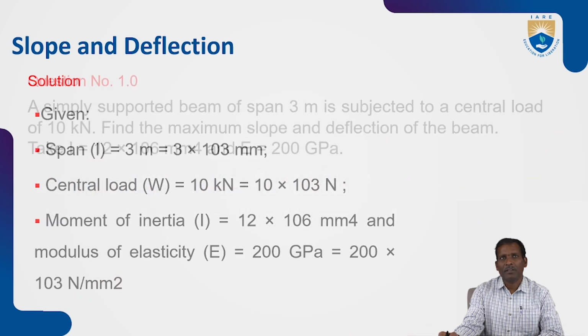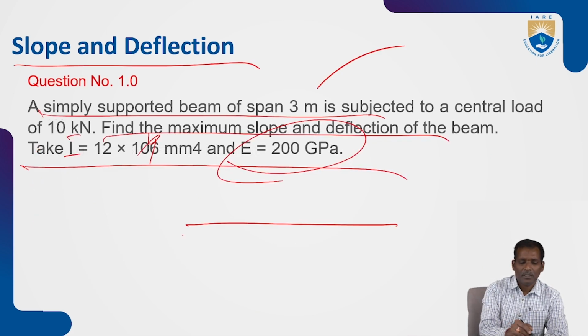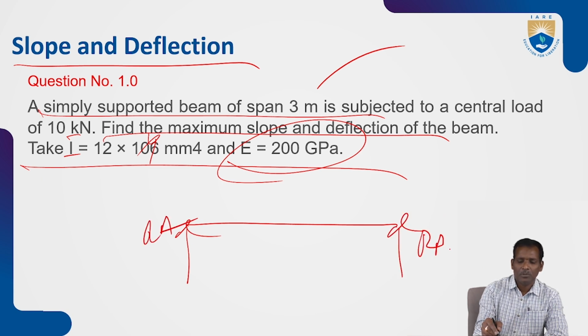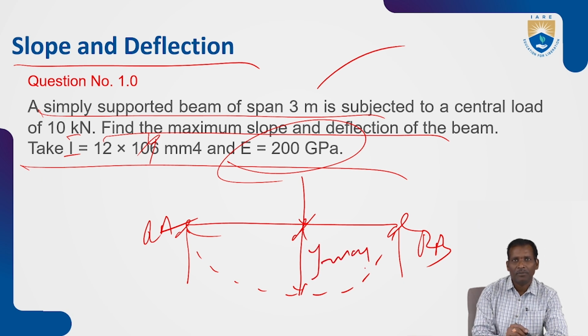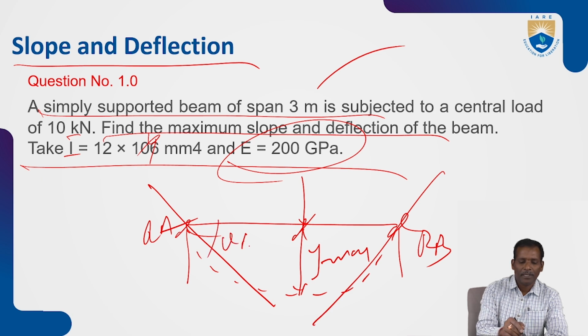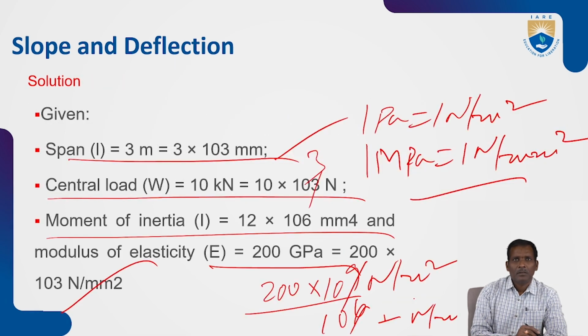Which type of beam? The given beam is a simply supported beam. Whenever the beam is subjected to a central load, the beam bends like this. This is y max, the deflection, and the slopes at A and B are theta A and theta B. Clear?